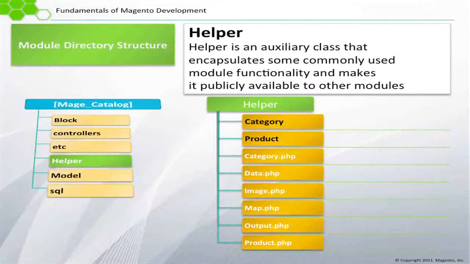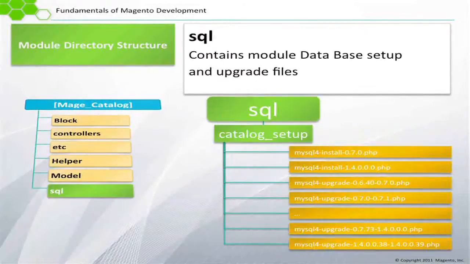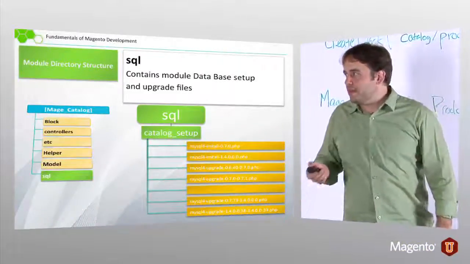Helper and model, more of the same. It's this exact same pattern. Different factory method, but exact same process. And the XML configuration is almost identical. You just are changing nodes. I'll be showing you that. And as I mentioned earlier, the upgrade scripts. You have install and upgrade scripts. These work through versioning, the version number that you specify in your module configuration.